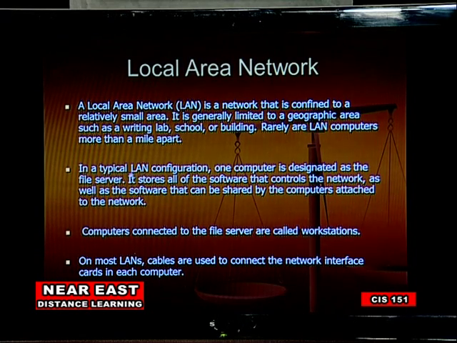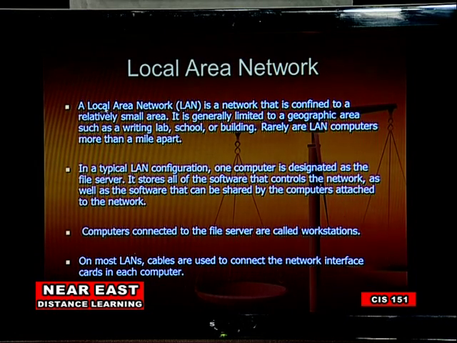In its typical LAN configuration, one computer is designated as the file server. It stores all the software that controls the network, as well as the software that can be shared by the computers attached to the network.